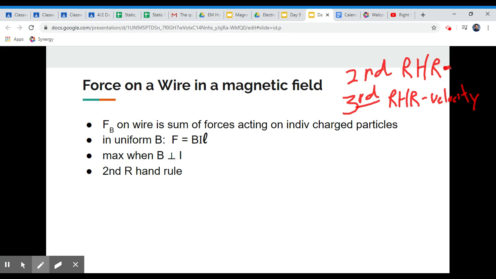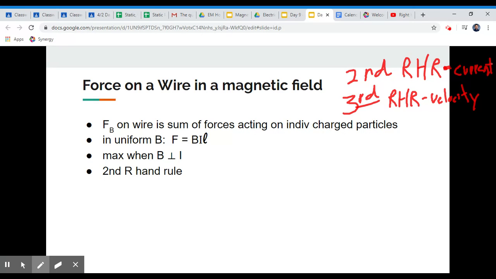The second right hand rule, you still have the exact same two vectors on your fingers. Your middle finger is still force, your pointer finger is still your magnetic field, and your thumb is actually going to be current. It's the only difference. So now we're talking about a wire running through a magnetic field, and what force is going to be put upon that wire within that magnetic field.